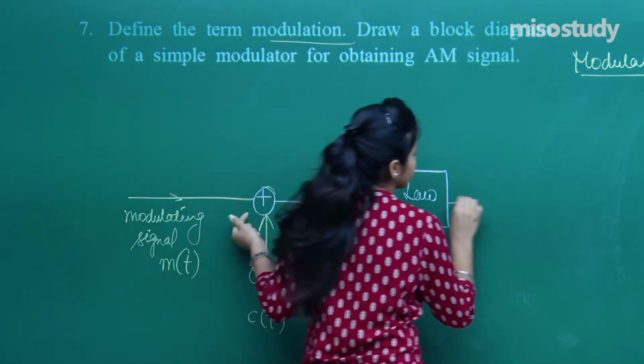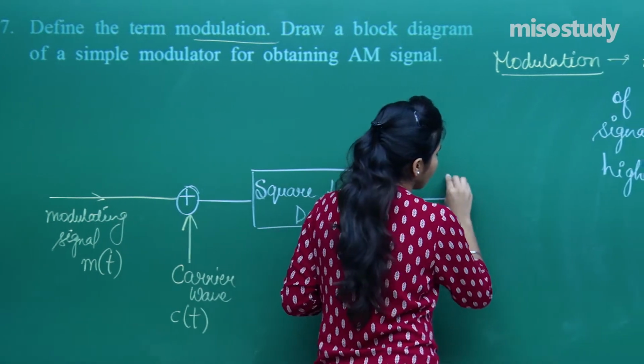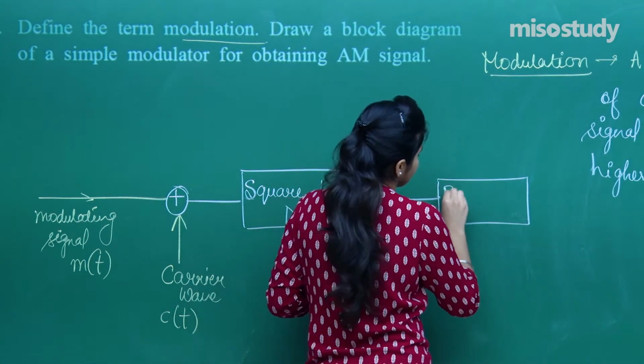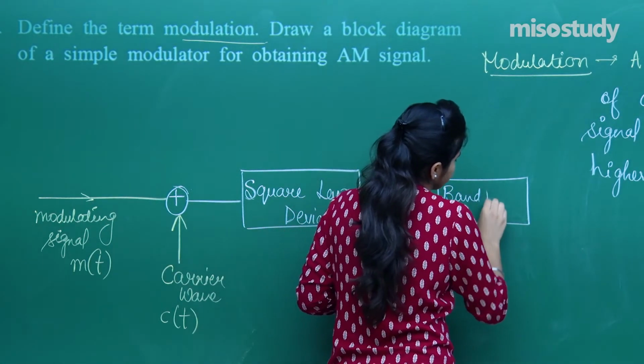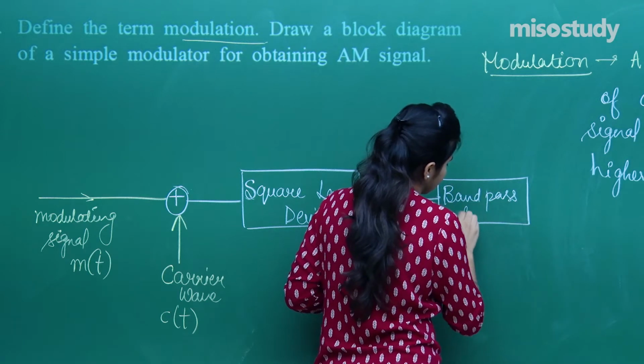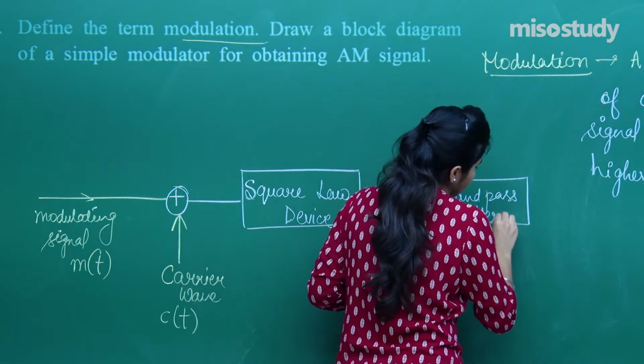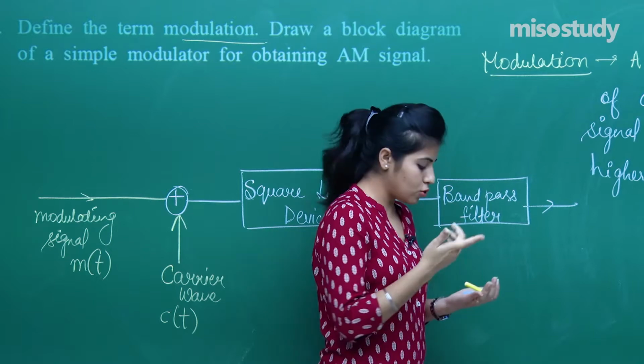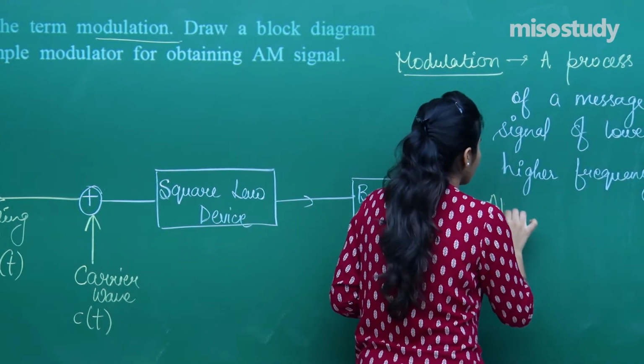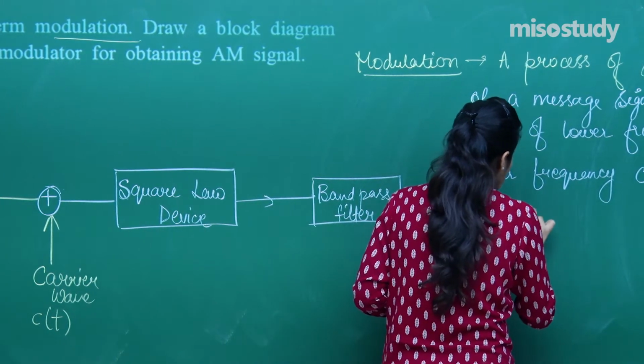After that, it will be allowed to enter a band pass filter. And then it will be your amplitude modulated wave.